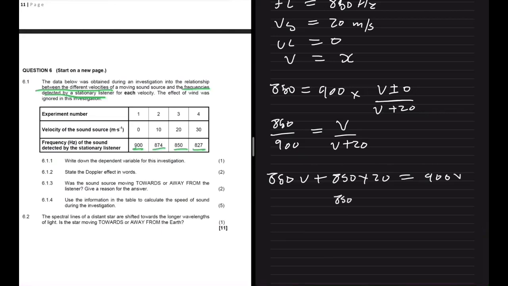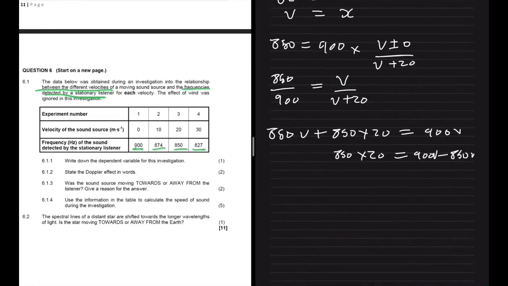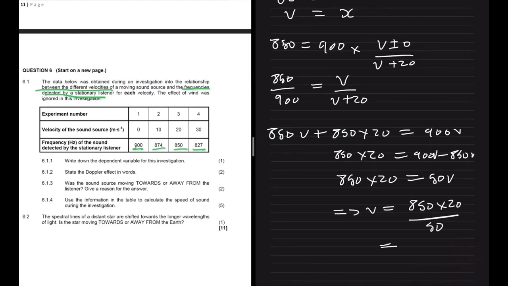We get 850 multiplied by 20 equals 900V minus 850V, which is just 50V. Divide both sides by 50, so V equals 850 multiplied by 20 divided by 50. Let me plug that into my calculator. That gives us 340 meters per second, which is something you'd expect. You'd expect an answer around 340.